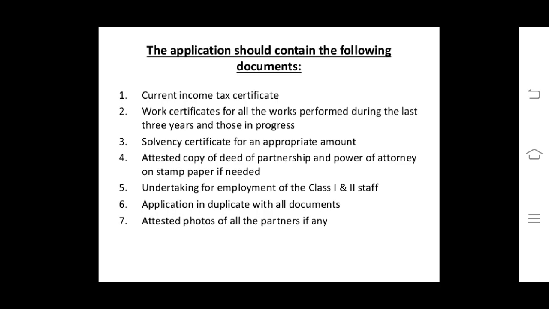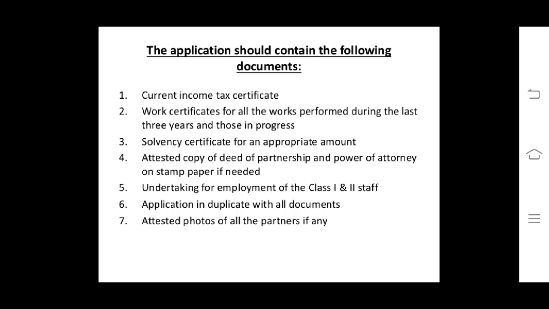The application should contain the following: current income tax certificate, work certificate for all the works performed during the last 3 years and those in progress, solvency certificate for the appropriate amount, attested copy of deed of partnership and power of attorney on stamp paper if needed, undertaking for employment of class 1 and class 2 staff, application in duplicate with all documents, and attested photos of all the partners if any.